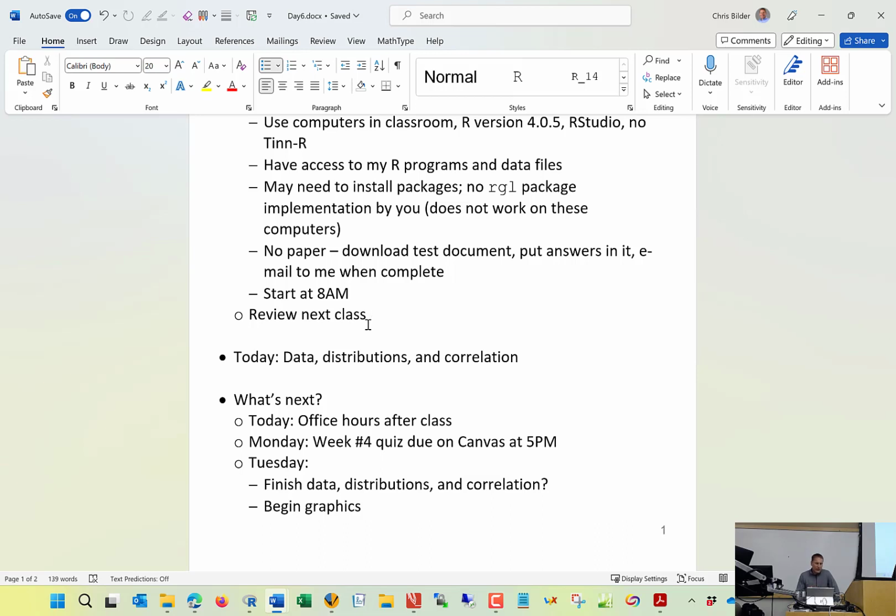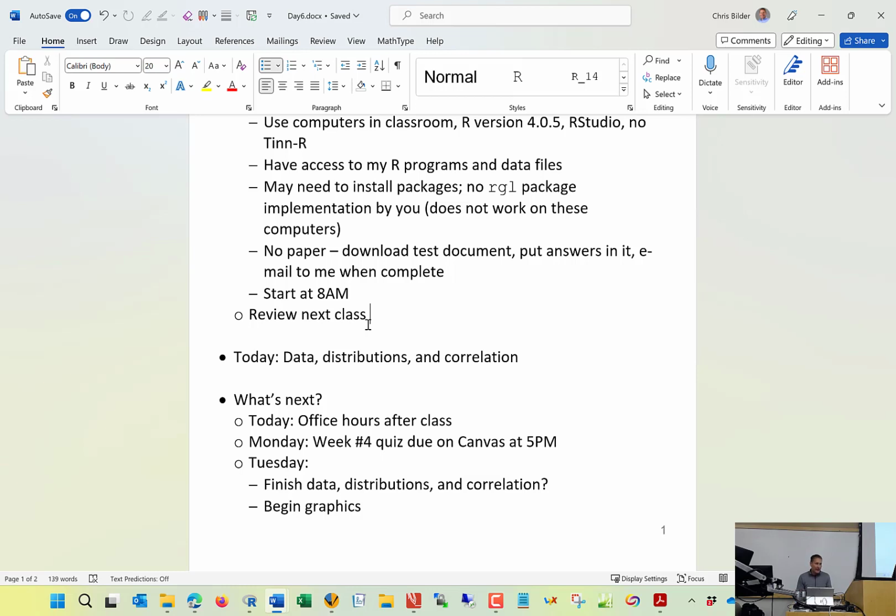This material that we're talking about, most of it, some of the stuff with the multivariate normal, I completely understand that probably a lot of you have never seen it before. But the other stuff, like the matrix algebra, the intro to R, some of the introductory stuff for the data distribution and correlation section, ideally, I would like all students to come with that background already.